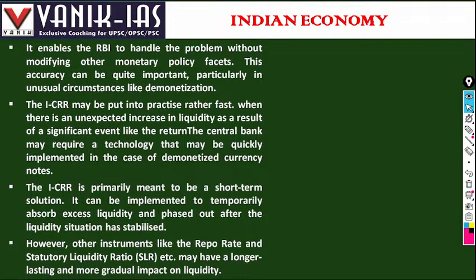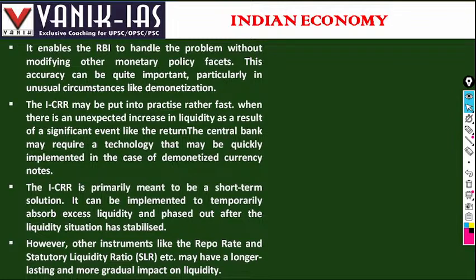The ICRR may be put into practice rather fast when there is an unexpected increase in liquidity as a result of a significant event, like the return of demonetized currency, which may require a technique that can be quickly implemented. The ICRR is primarily meant to be a short-term solution.